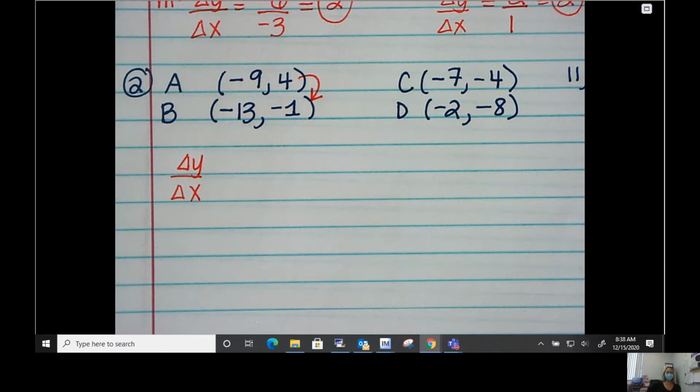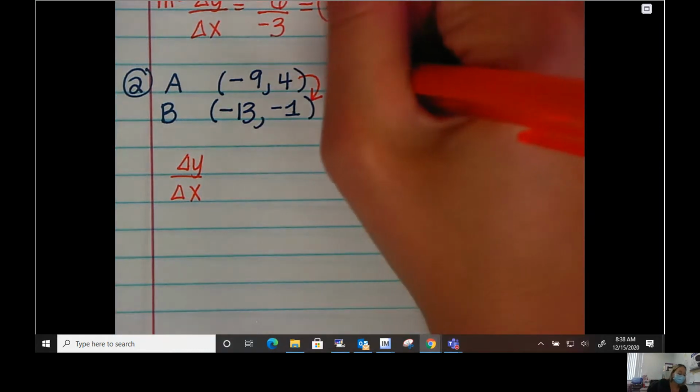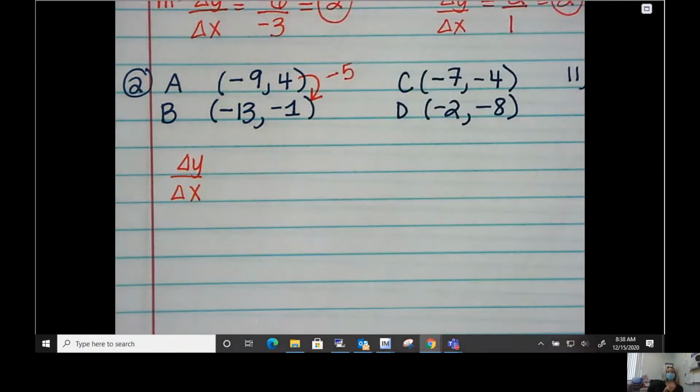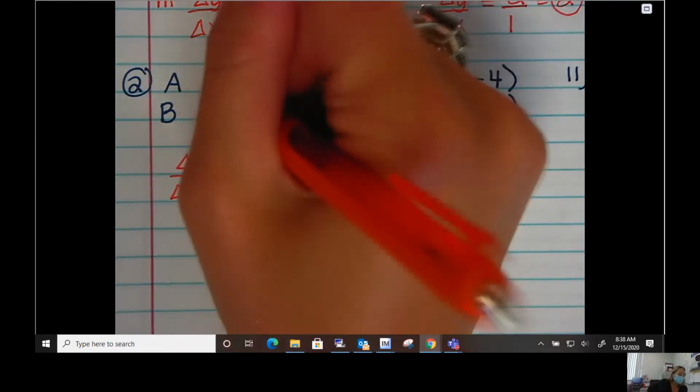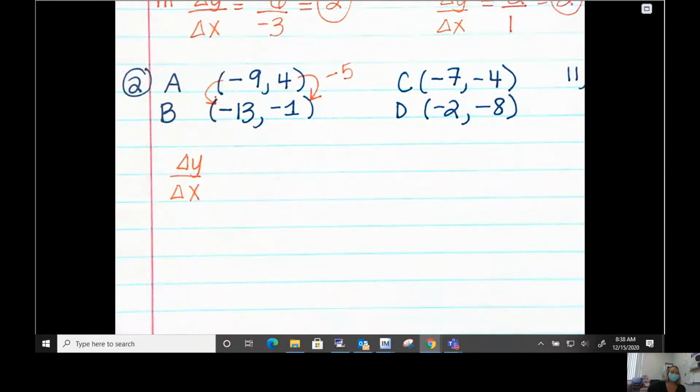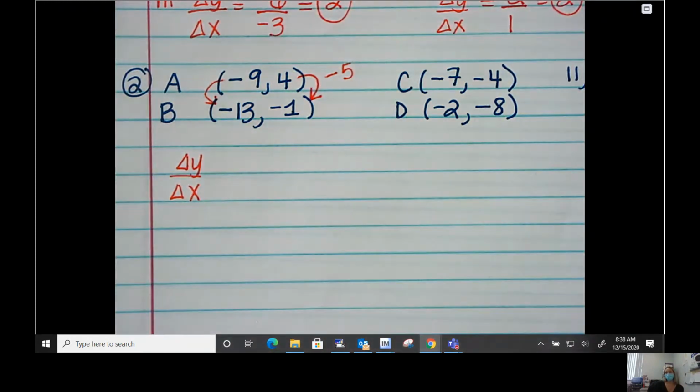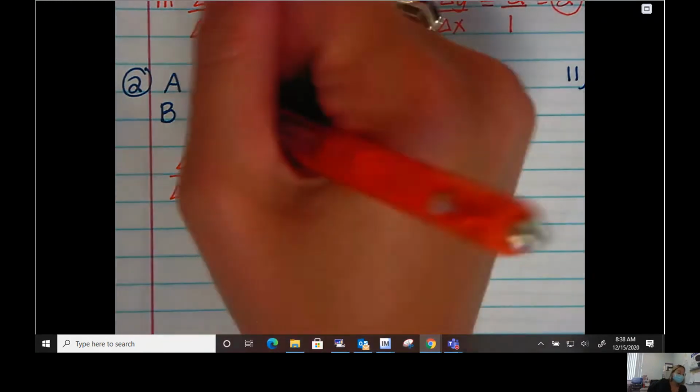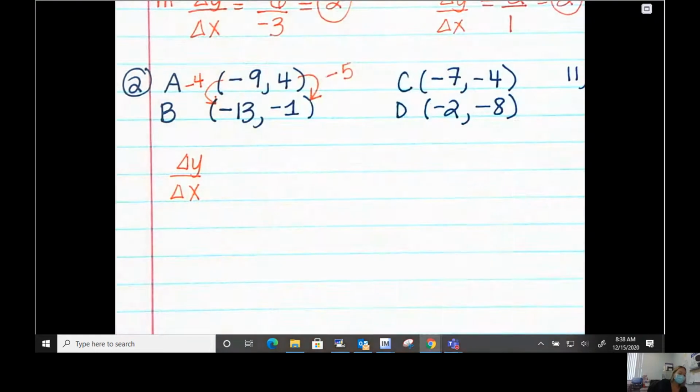How many are you subtracting? 5. You're going down 5, right? You got to take away the 4. That gets you to 0. Then you get to -1. You got to take away one more. How do you get from -9 to -13? -4. Good.